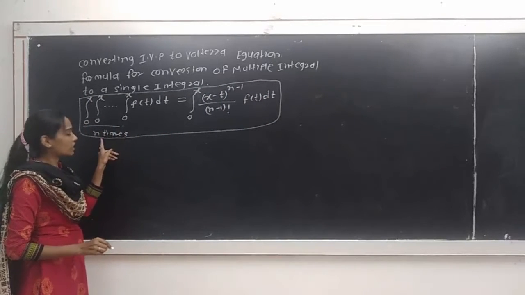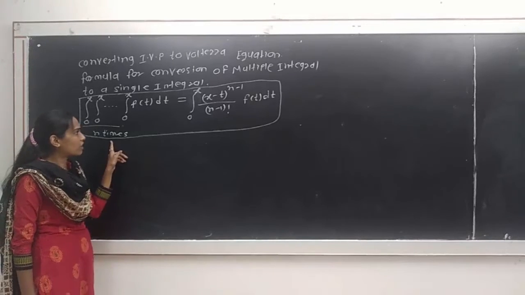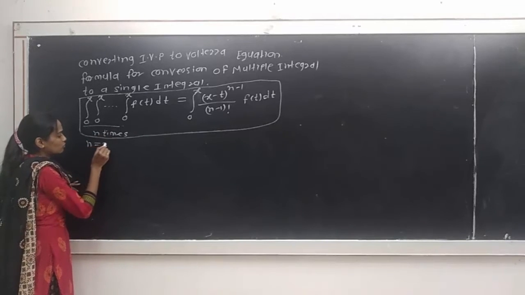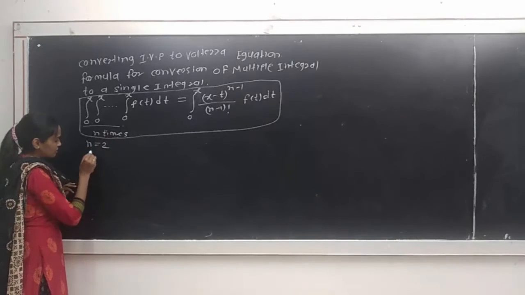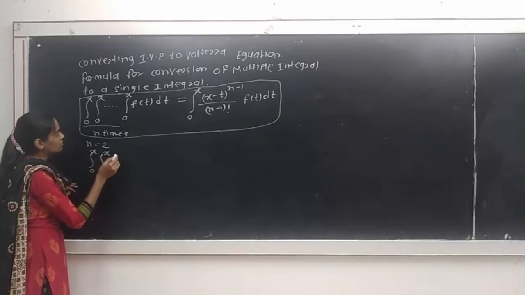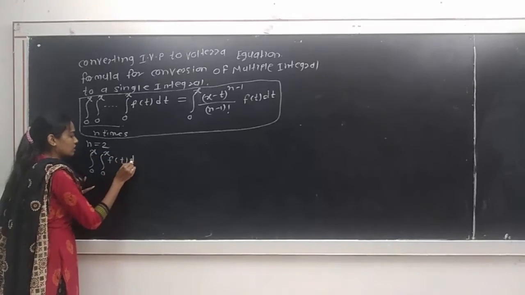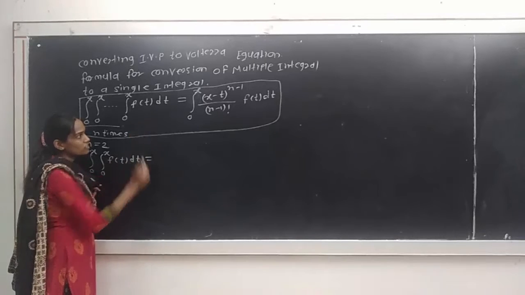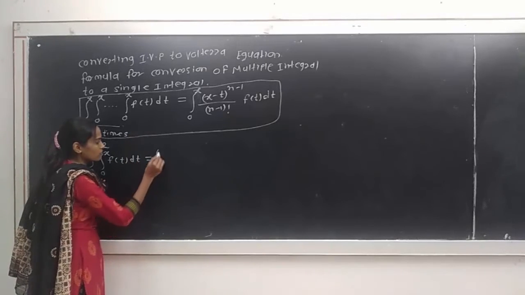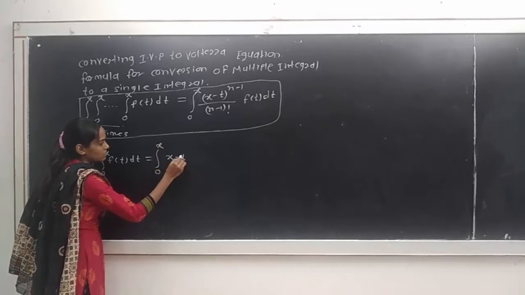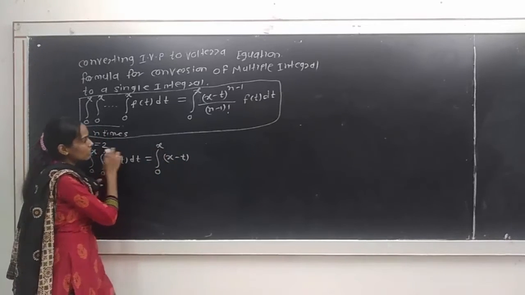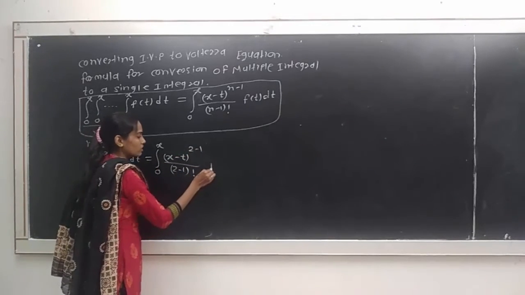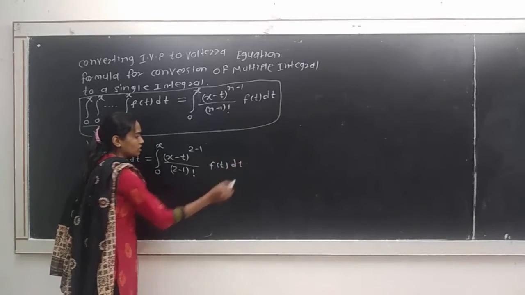Here we can take any finite value for n. Suppose we take n equal to 2, that is, we have the double integral of f of t dt from 0 to x. We convert this double integral into a single integral using this formula: integration from 0 to x of (x minus t) raised to 2 minus 1 divided by (2 minus 1) factorial into f of t dt.